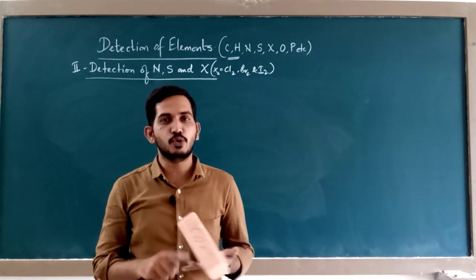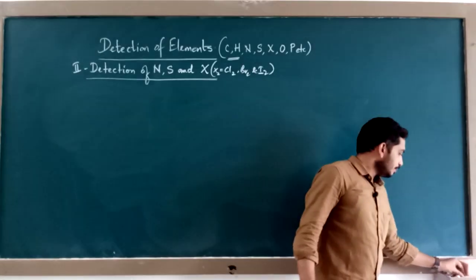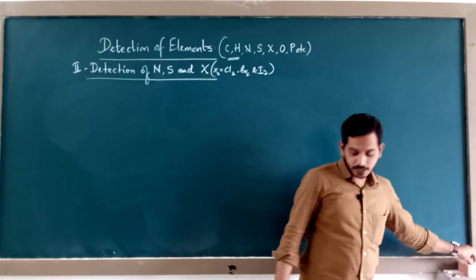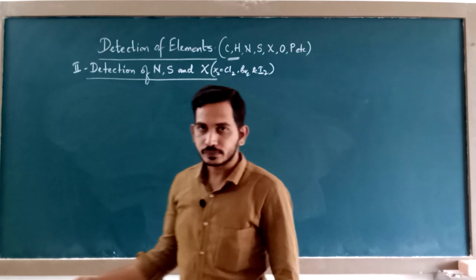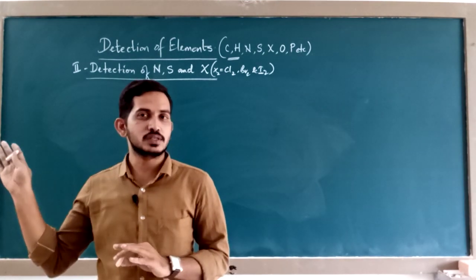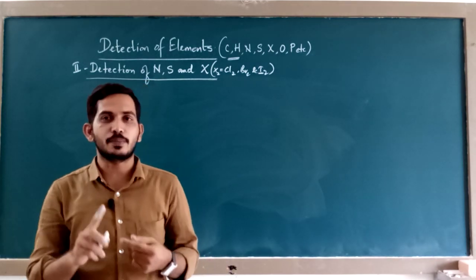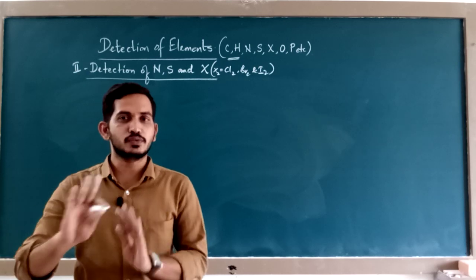What are those? Chlorine, bromine and iodine. Now, before we begin the detection of nitrogen, sulfur and halogens, for the time being, forget that carbon and hydrogen's detection reagents should not be used here. Okay, there you used copper oxide. That part is over, so forget it.